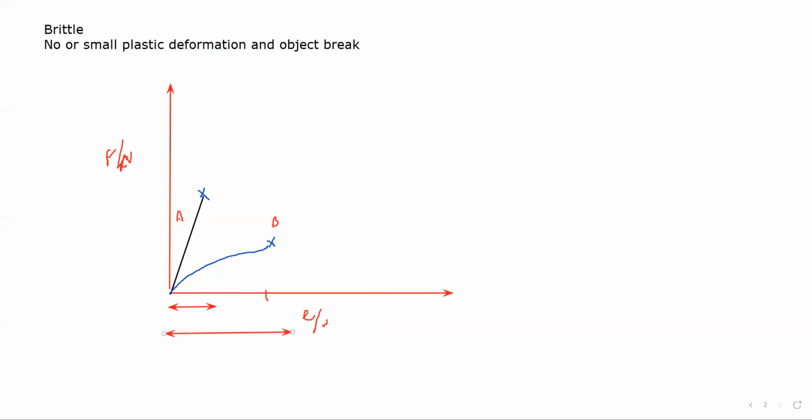If two objects are showing the same deformation, then in that case, the object which breaks down because of a smaller force, that is the brittle object.